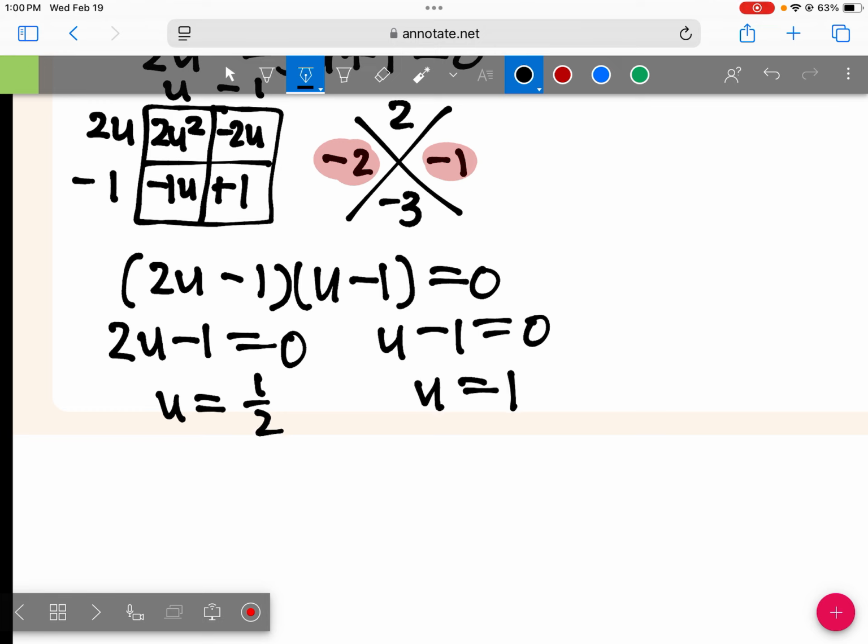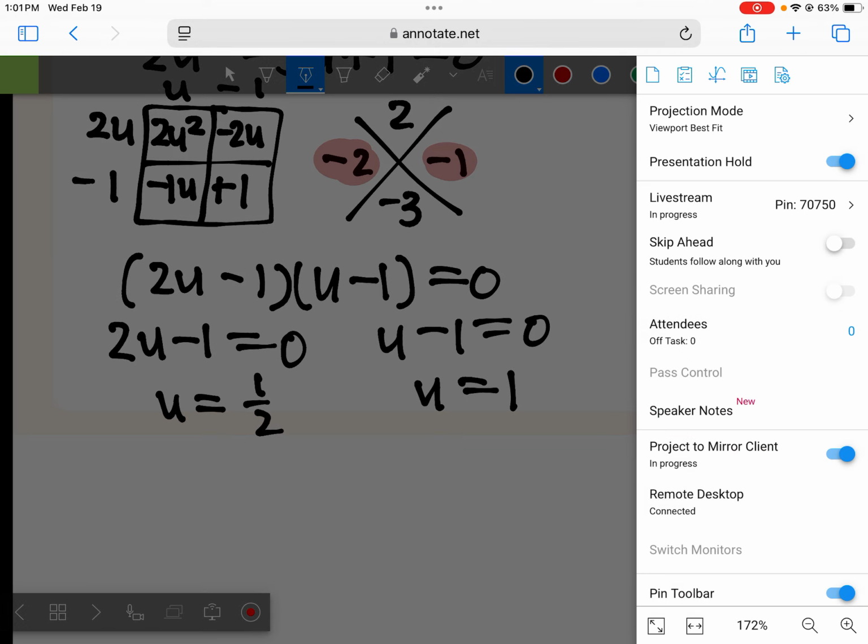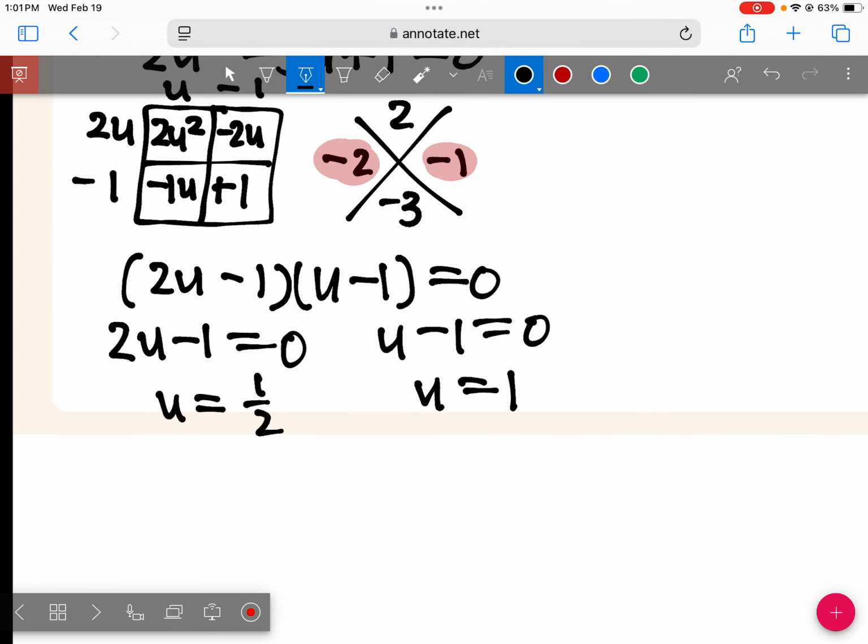I really believe that now that we're here, you can figure out what u equals. David, can you give me one of the values that u equals? 1/2. Perfect. Natalie, what's my other value? 1.